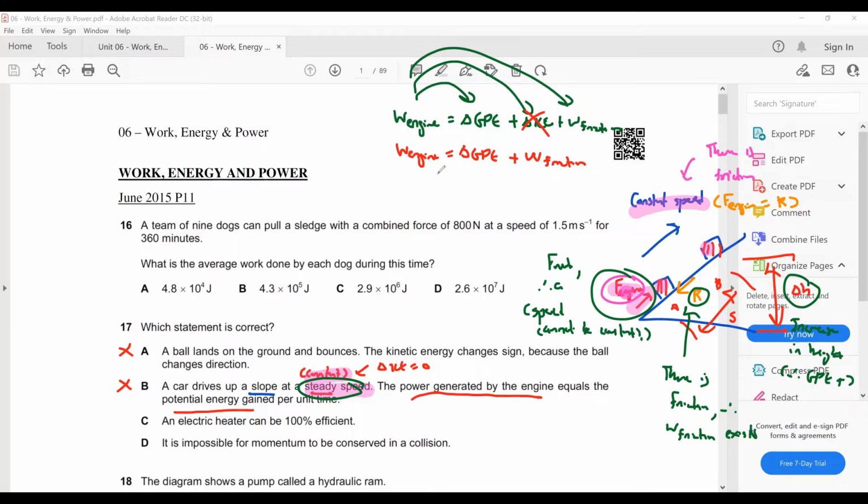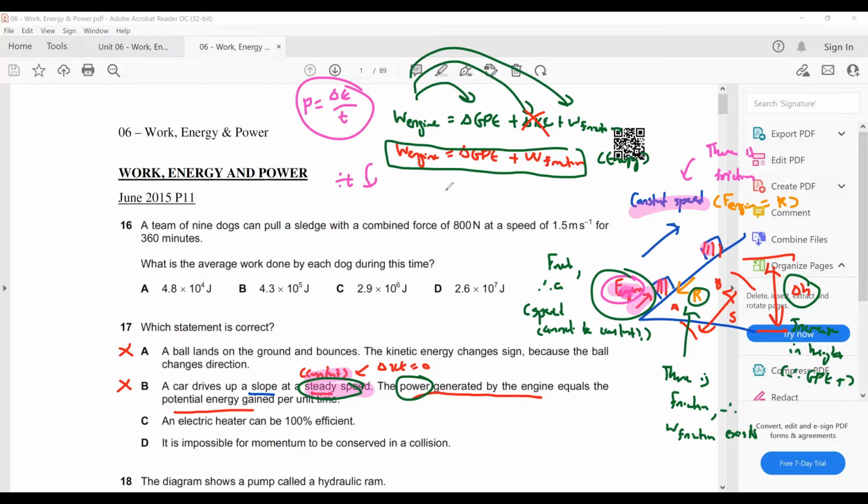So if this is in terms of energy, and I want to convert it to power, because you notice that the term here is power, what I just need to do is divide the entire equation by T. Because you know that power is change in energy divided by time only. So you divide the entire equation by time, you're going to get power of the engine is equals to the change in GPE divided by time plus work done against friction divided by time.